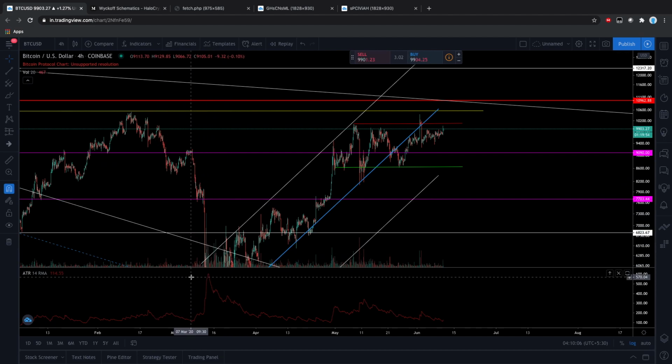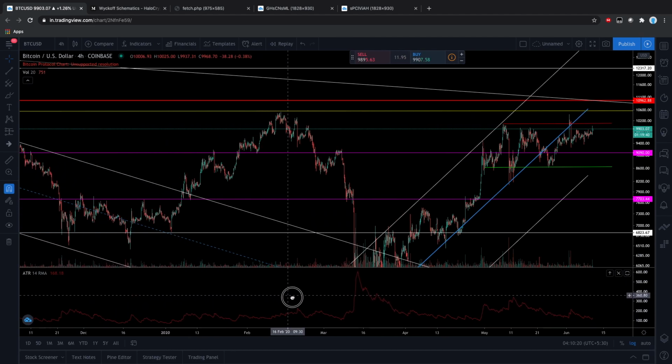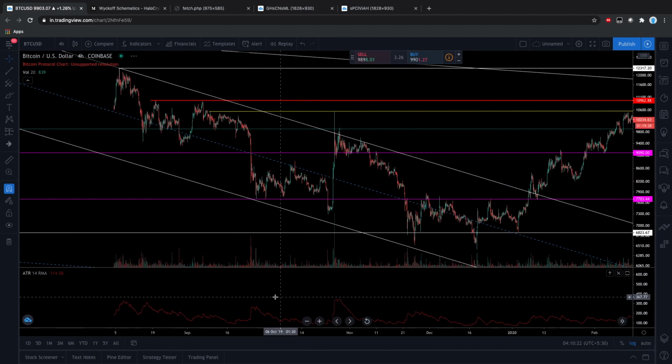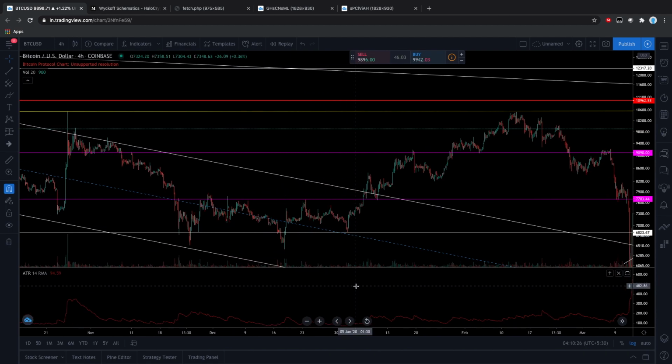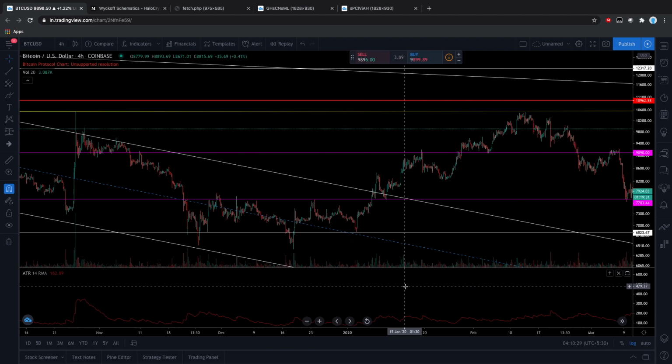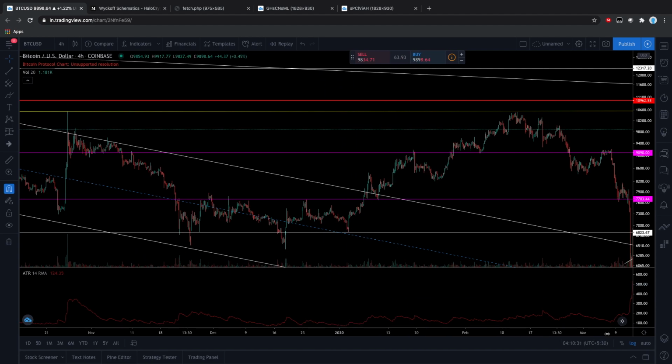What you can see here is the ranging, or the consolidation that happened around these levels, and the ATR was at the low. If you were about to take that trade, you can see the ATR was hitting a very low level.